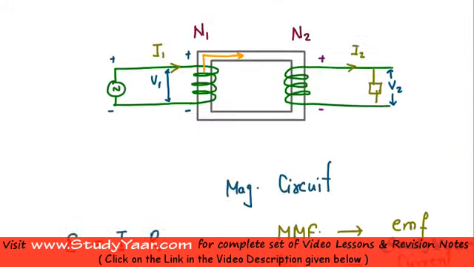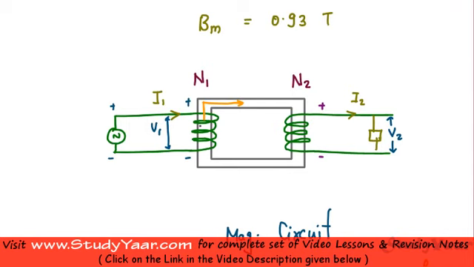Okay, so in this scenario we have two coils, right? Your MMF generated due to this coil would be N1 into I1. Okay, your MMF generated due to this coil is N2 into I2. Okay, number of turns over here is N2 and the current flowing over here is I2.